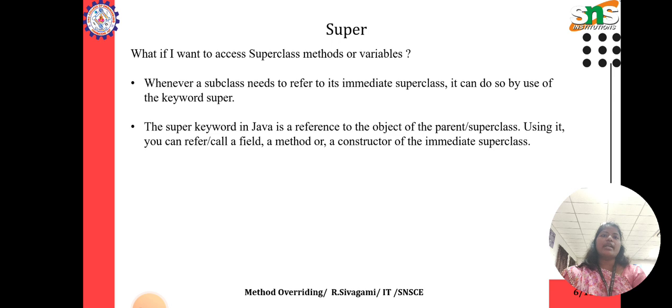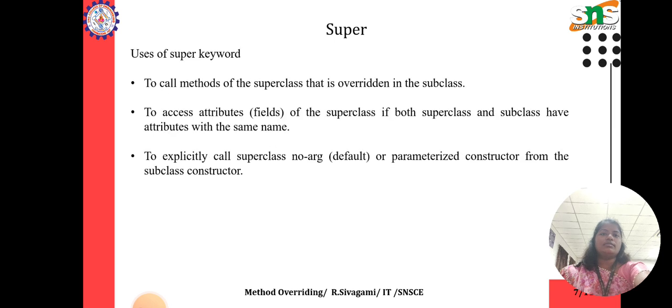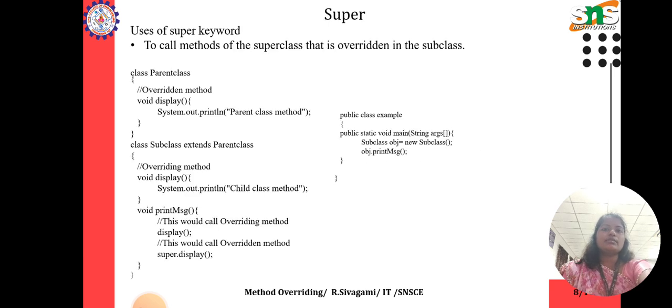Using it, you can call a field, a method or a constructor of the immediate superclass. Use the super keyword to call methods of the superclass that are overridden in the subclass; to access the attributes of the superclass if both superclass and subclass have attributes with the same name; and to explicitly call the superclass no-argument constructor from the subclass constructors.